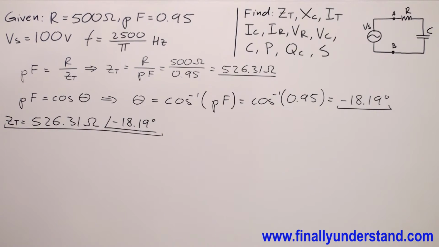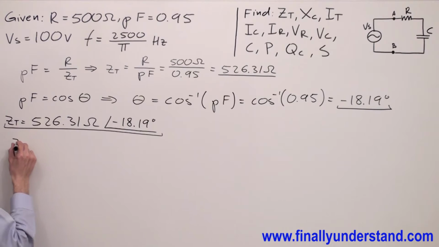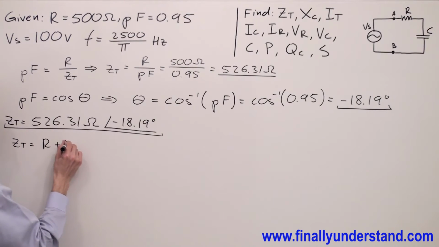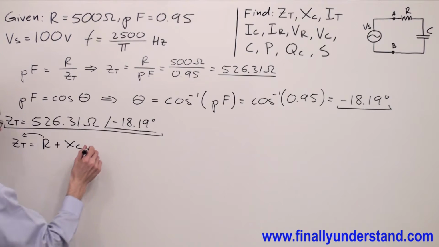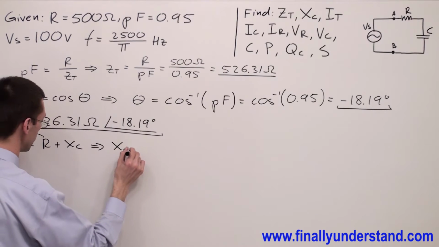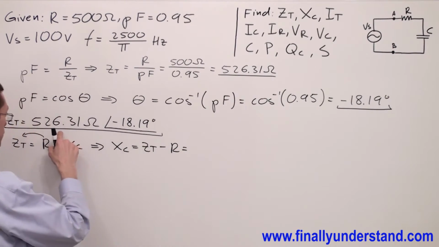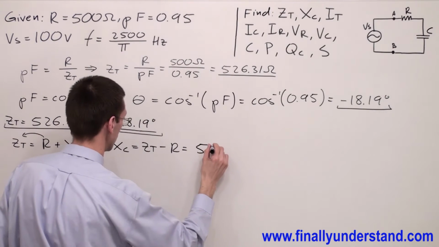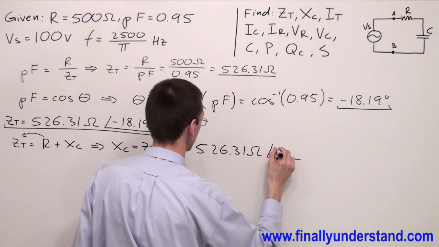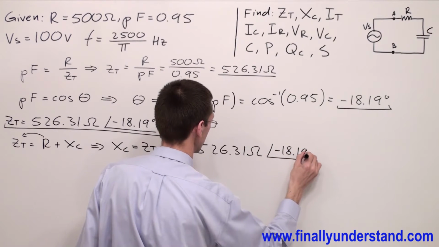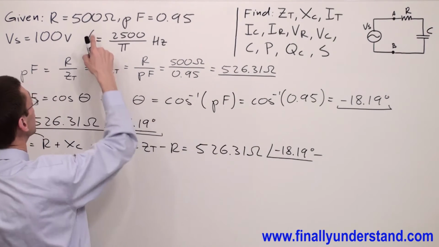Next, I'm supposed to find X of C. This is the series circuit, so the formula for the total impedance says Z total is equal R plus X of C. If you want to find X of C, you're supposed to move R to the left side and you are going to obtain the formula X of C is equal Z total minus R, where Z total we found is equal 526.31 ohms and angle of negative 18.19 degrees minus the resistance, and resistance is equal to 500 ohms.